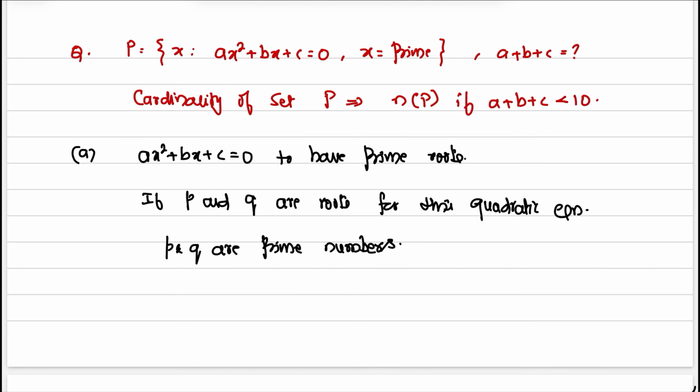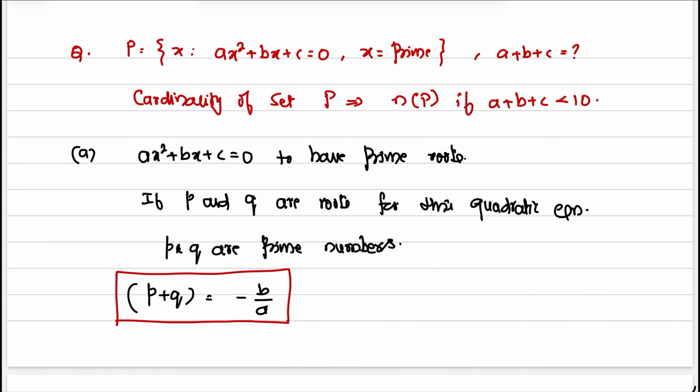Then the sum of the roots, prime numbers as roots, is equal to minus b by a. That is from the basics of the quadratic equation, the sum of the roots.